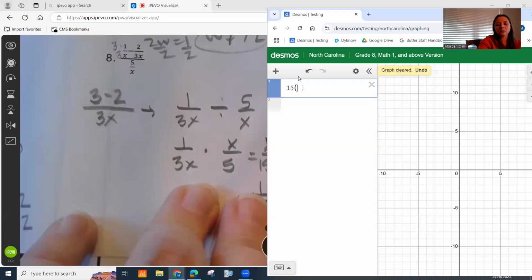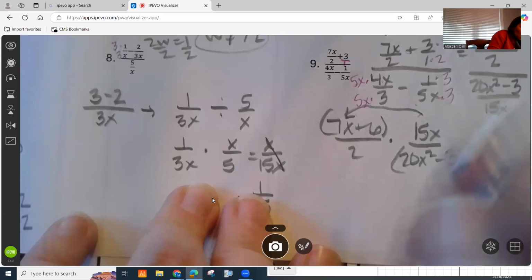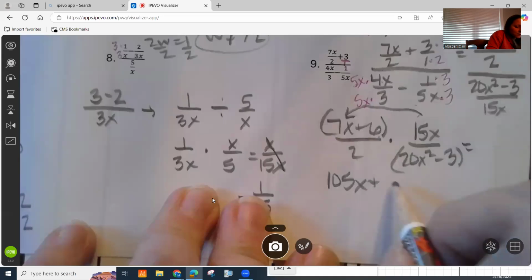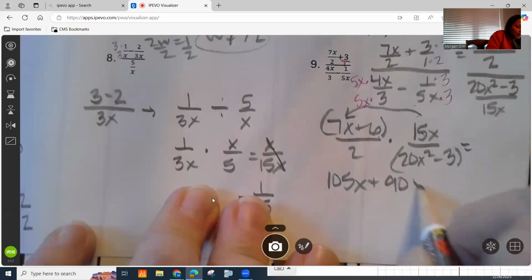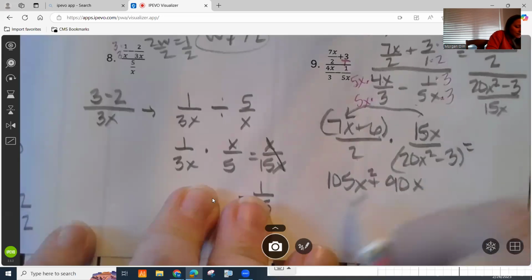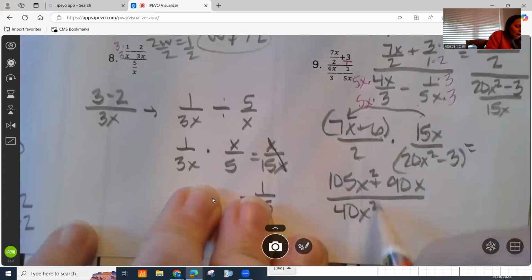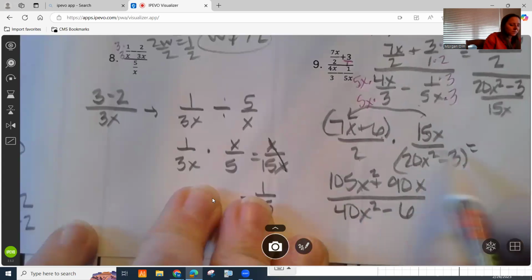That makes 105. Okay, so 105x squared plus 6 times 15, that's going to be 90x right here. Oh, I'm in an x squared because x times x is x squared. And then this is just 2 times 20, which is 40x squared minus 6, because 2 times negative 3 is that right there.